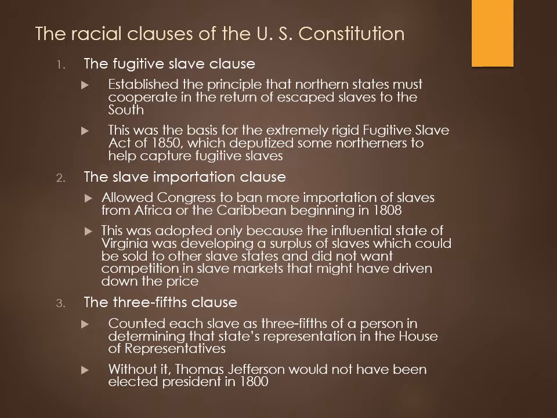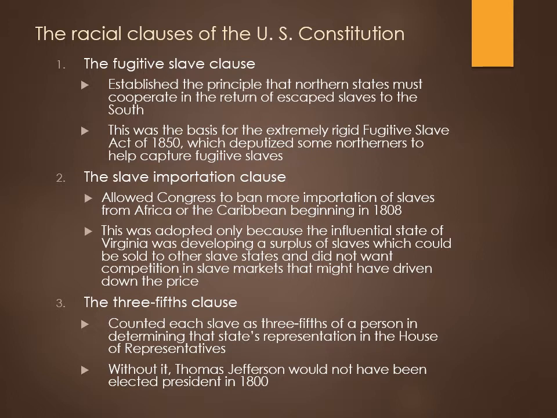Now, the South actually wanted them counted as whole persons so they could have more membership in the House. The North did not want them counted at all since they couldn't vote. And this was a compromise between North and South. But without it, Thomas Jefferson of the slave state of Virginia would not have been elected president in 1800. So it had an impact early in American history.